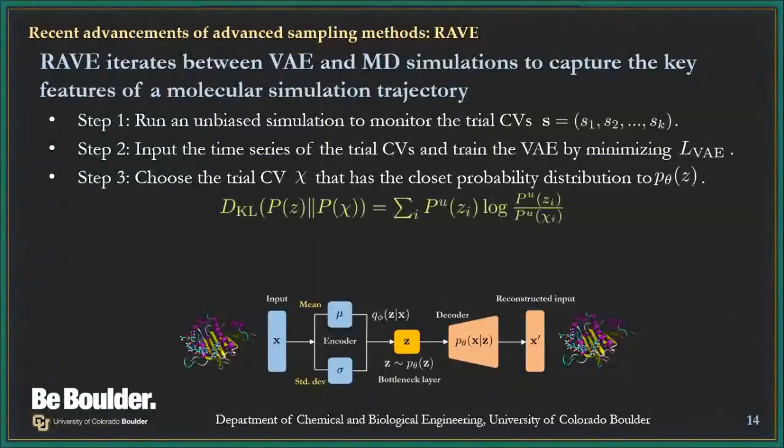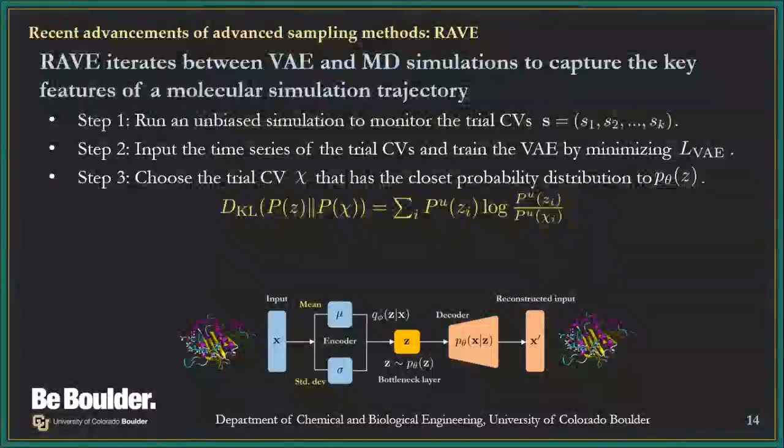However, this latent space distribution compresses the input time series in a very complicated way, which lacks physical interpretation. Therefore, instead of trying to interpret the physical meaning of this complex latent space representation, we compare this probability distribution to the distribution of the trial CVs, and we identify the CV that has the most similar probability distribution.